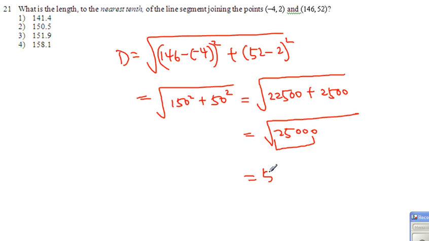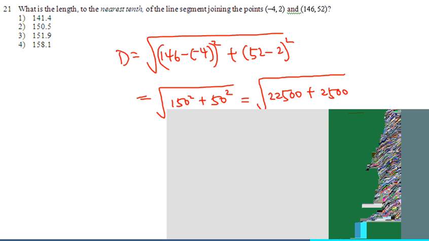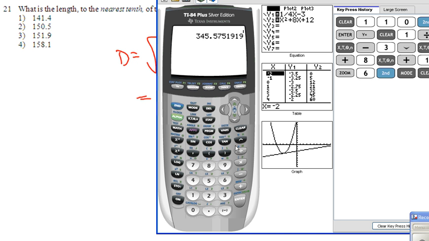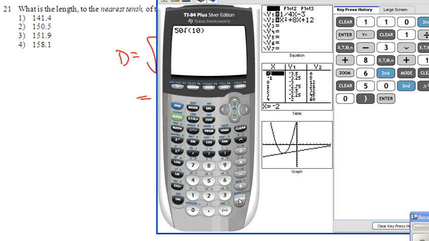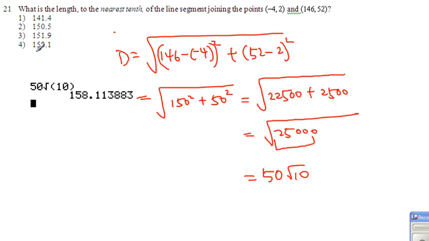So we end up getting 50 square root of 10. Oh, actually, they're looking for the decimals. So let's try to go for that. The square root of, actually 50 square root of 10. That seems to be that this one, choice number 4, would be our answer.